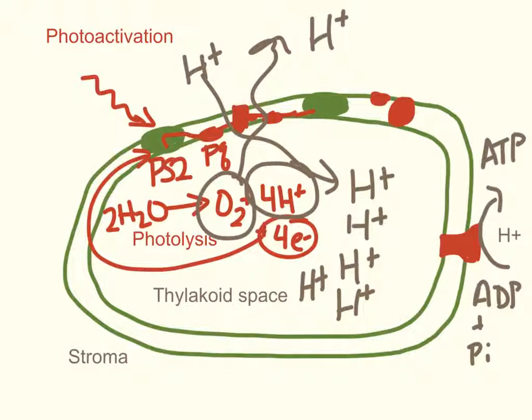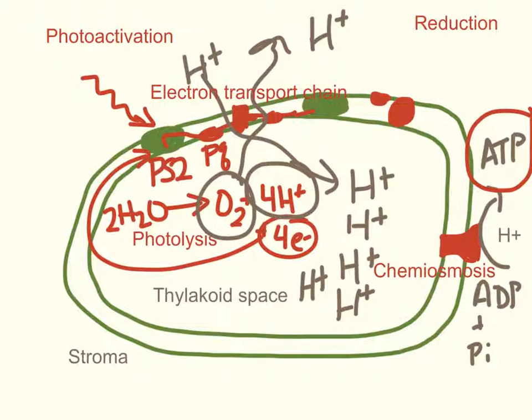And as that proton is brought through the ATP synthase, this is going to have adenine diphosphate plus inorganic phosphate turn into ATP, which we know is our energy molecule, which will be used by the chloroplast in the next cycle.